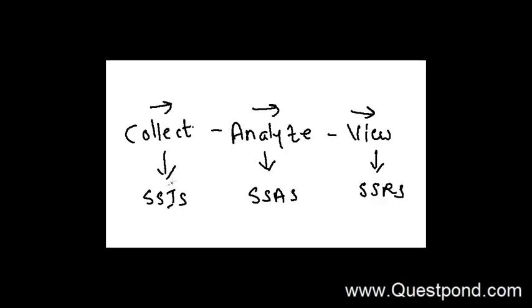So let's start with the first thing, that is SQL Server Integration Services. What exactly is SQL Server Integration Services? Let's start with the first step in business intelligence, that is collecting the data. The main goal of SSIS is collecting data from various sources and consolidating, or gathering the data at one central location so that we can analyze the data.